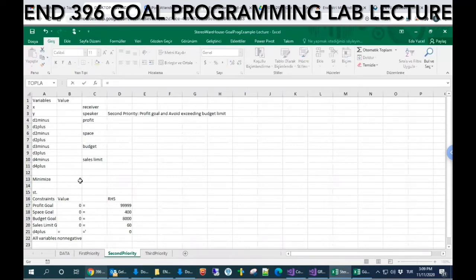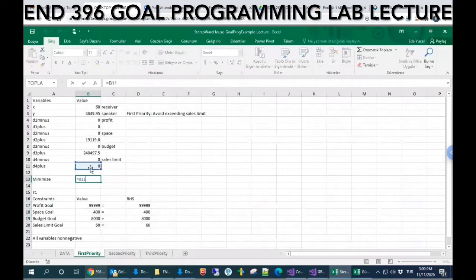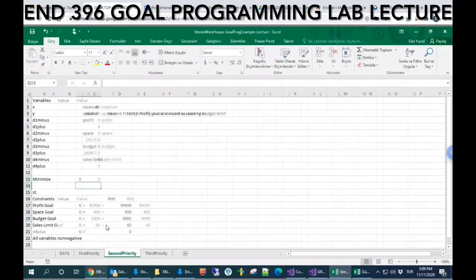We should also include one more constraint in order to set the deviation variable's optimal value for the first goal. Okay, it was D4 plus, as you see here, and we should feed this value to the second priority goal programming model as a constraint. Okay, let's solve it.